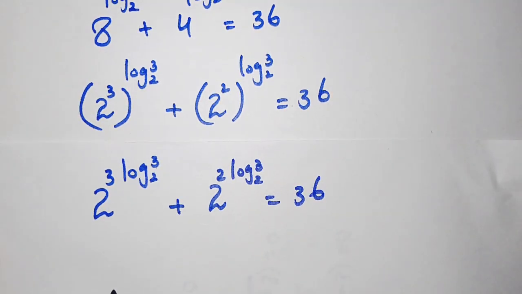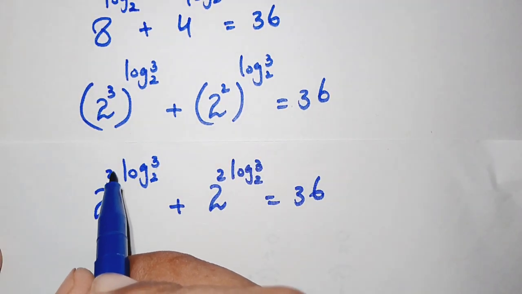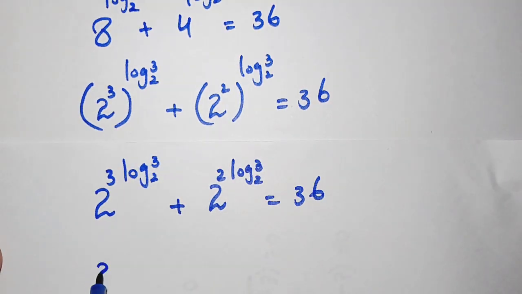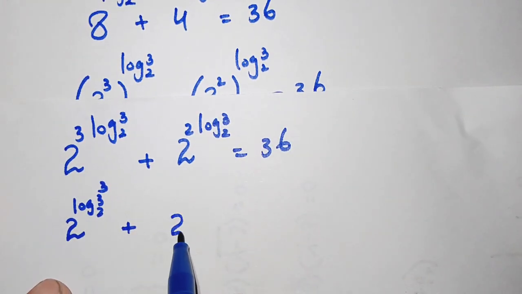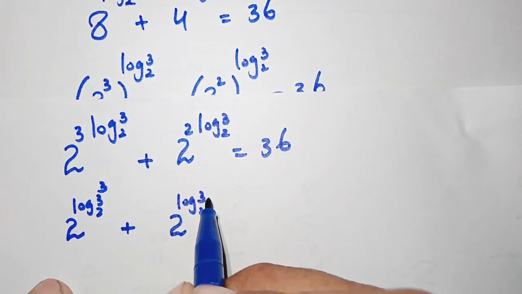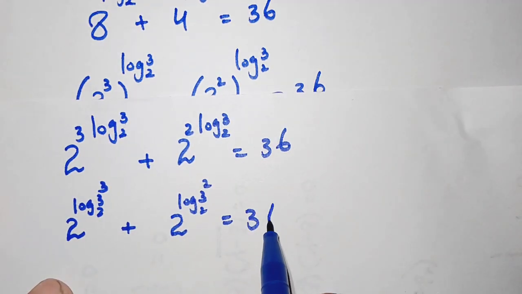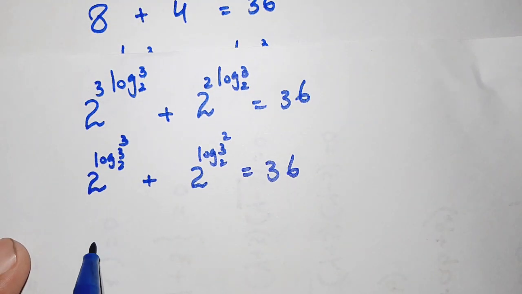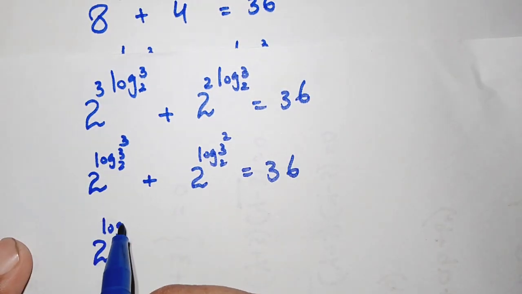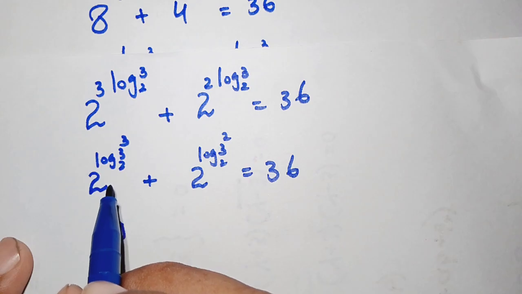Now in the next step, to solve this interesting question, we have to move this 3 and also this 2 to the power. So this will become 2 to the power of log of 3 of base 2 and this 3 moves to the power here, plus 2 to the power of log of 3 of base 2 and this 2 moves here to the power, which is equal to 36. 2 to the power of log of here 3 to the power of 3, this is equal to 3 times 3 is equal to 9, 9 times 3 is equal to 27.